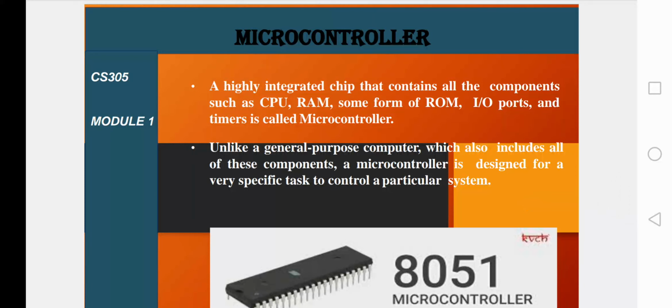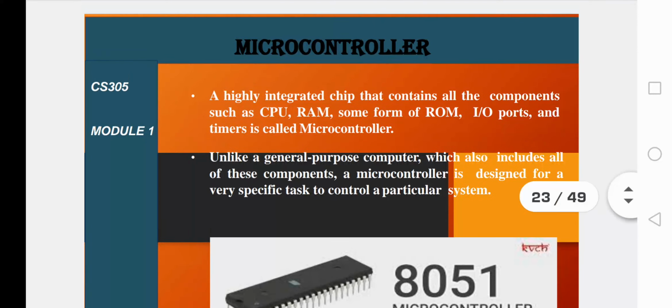Every subunit or subcomponent required will be present within this microcontroller. Not only the processor, but also memory, RAM as well as ROM, input output provision, timers, counters, and so on. All the subunits required for the normal processing of the operation will be present within this microcontroller.